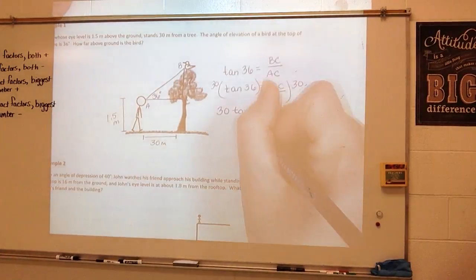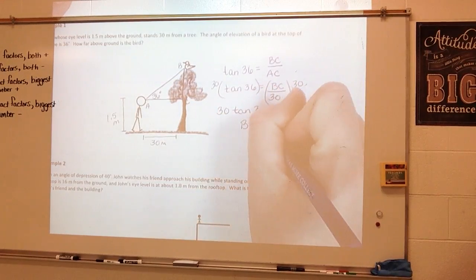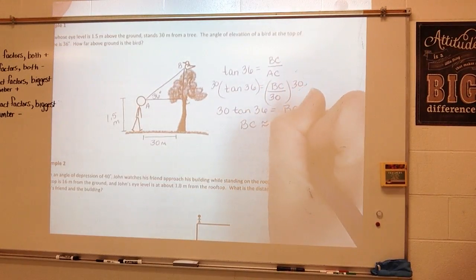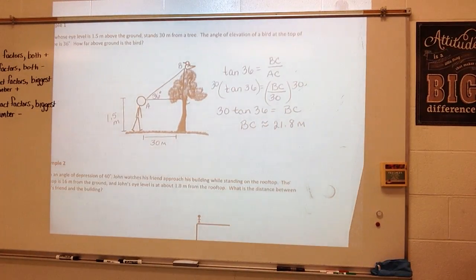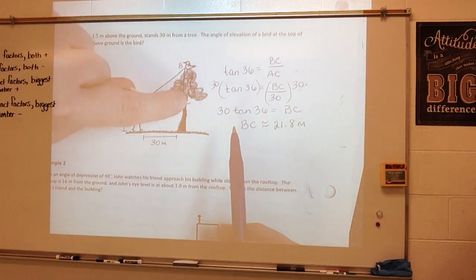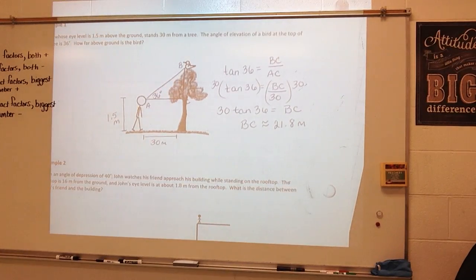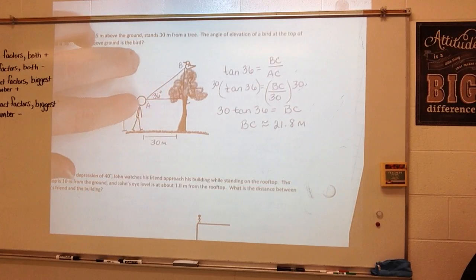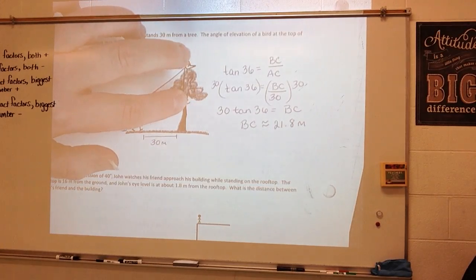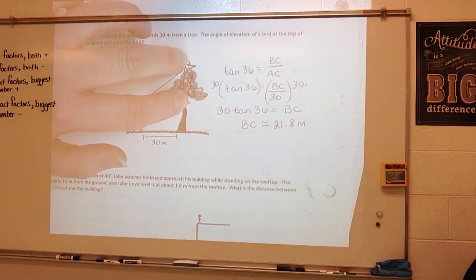So BC is approximately 21.8 meters. I do not say it is equal because remember, this is an approximation. So now we know that BC is 21.8 meters from his line of sight, or his eye level, to the bird.